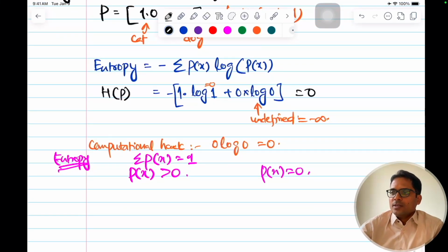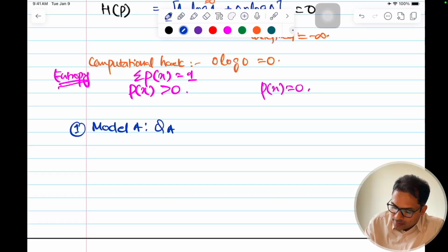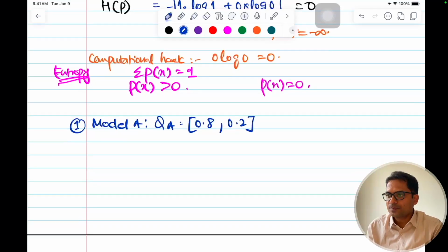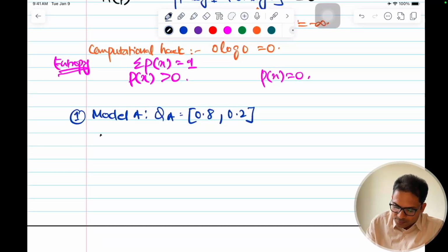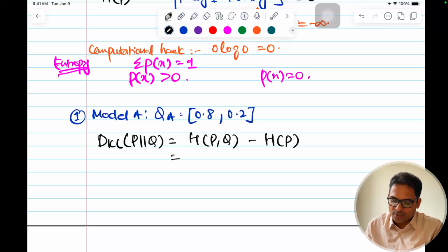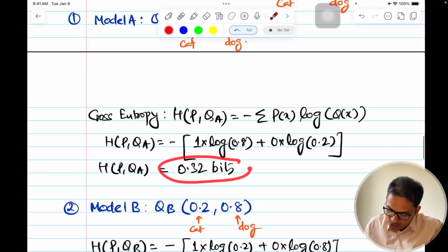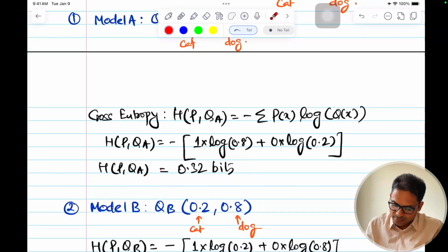Now let's come back to model A. Model A predicted 0.8 cat and 0.2 dog. So my KL divergence of P and Q will be equal to H(P, Q) minus H(P). This is my cross entropy. The cross entropy for cat and dog we computed earlier, H(P, QA), is 0.32 bits.